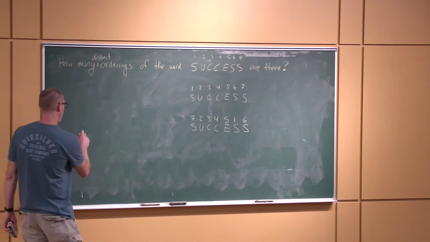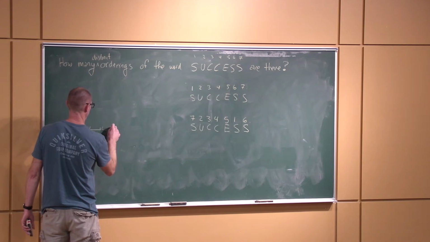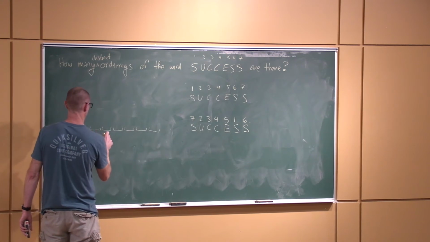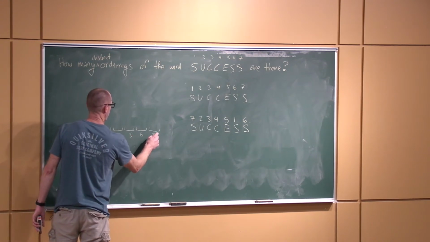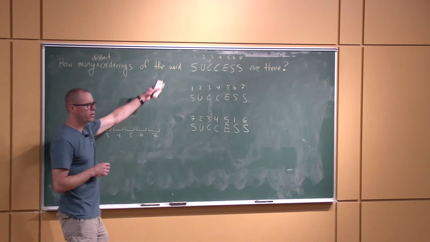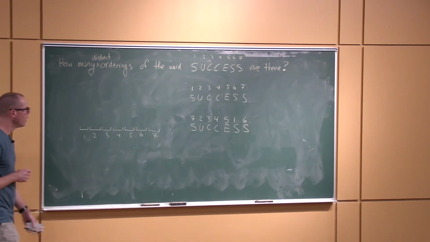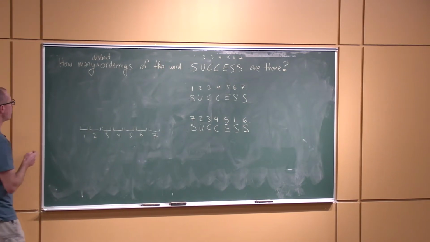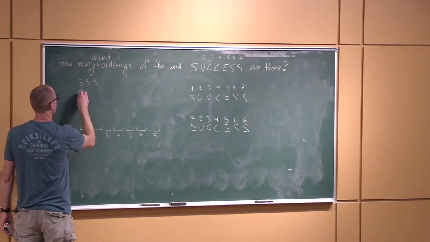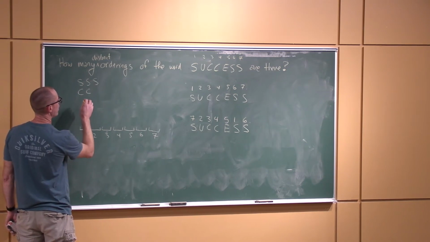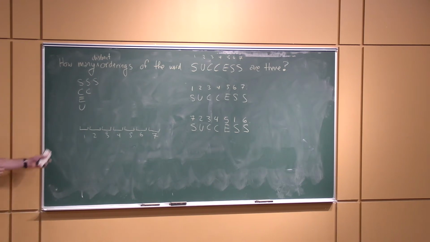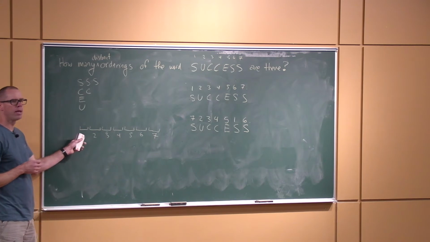Let's just figure out how to write down these things. So I want to write down one of these words here that I can generate from these letters. So I've got 3 S's, I've got 2 C's, I've got an E, and I've got a U. So in the end, I know that the word I get is going to be 7 characters long.